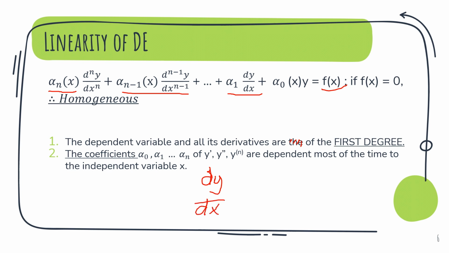So, in this case, ang dependent variable natin ay y and ang independent ay x. So, meron din naman ibang case na dx over dy. So, in this case, ang dependent variable natin ay x and the independent variable natin ay y.